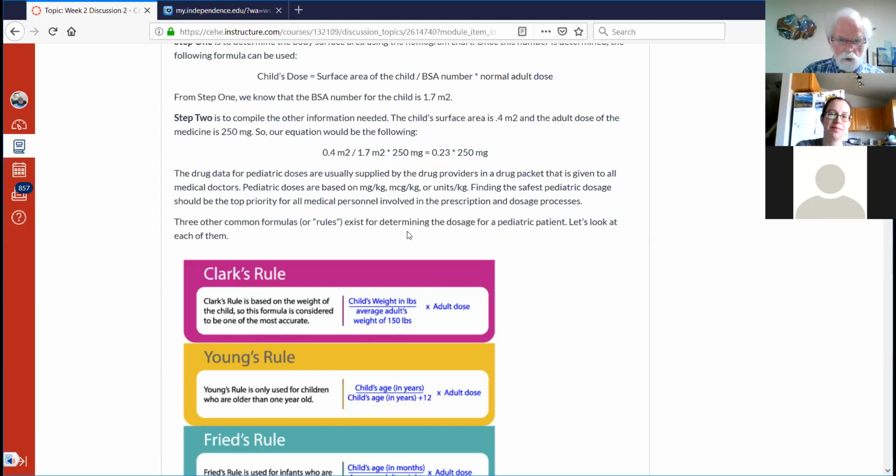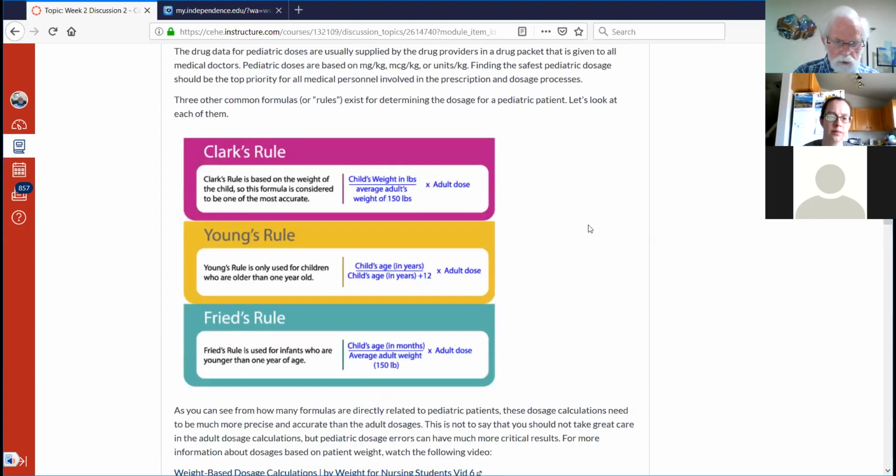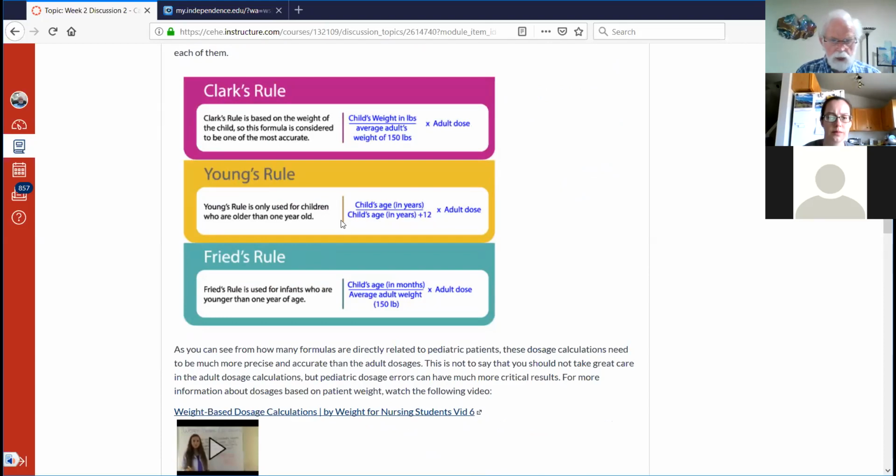So you don't care whether the potency units are milligrams, micrograms, units, milliequivalents. You don't care because they disappear.